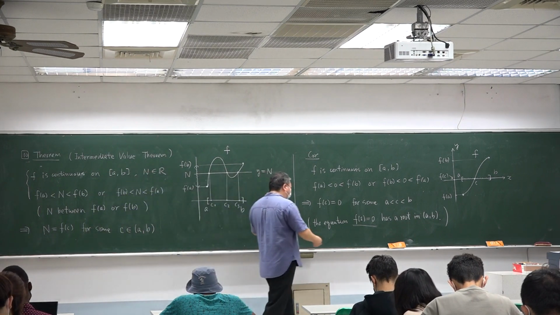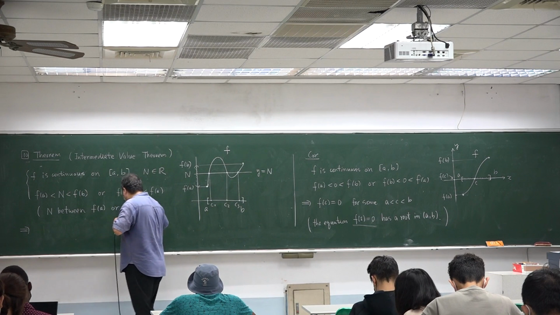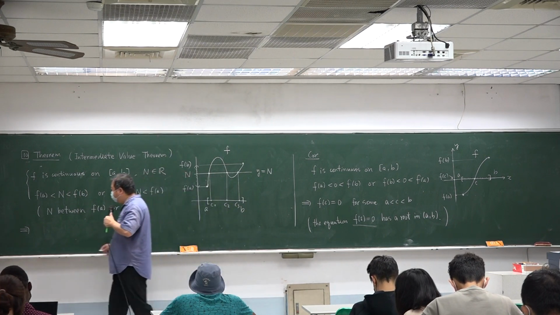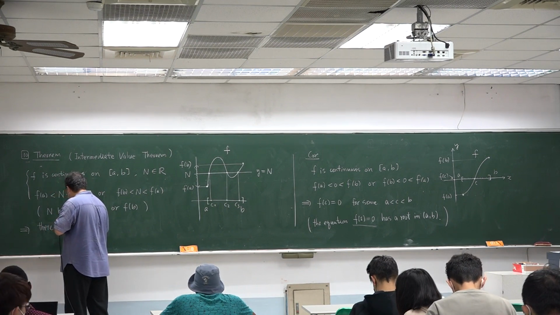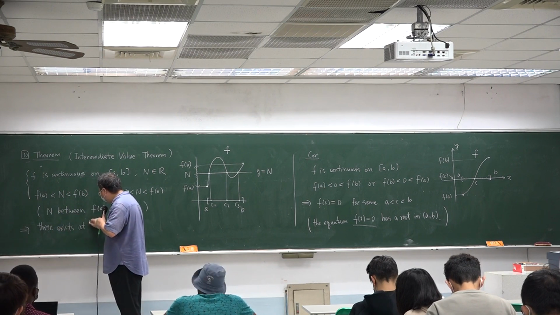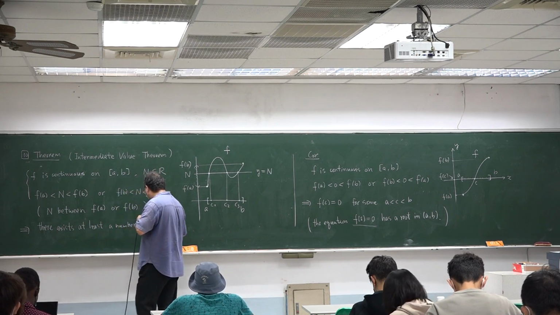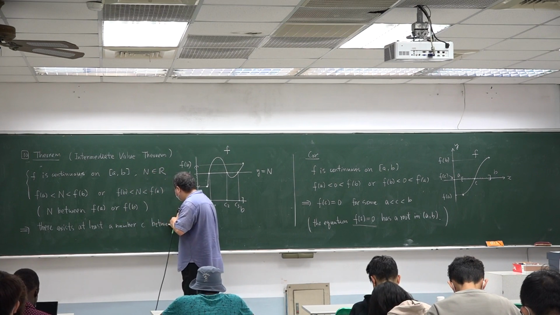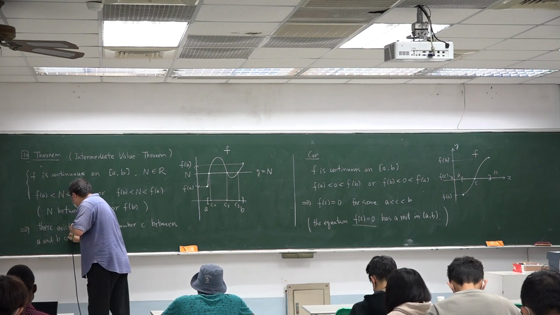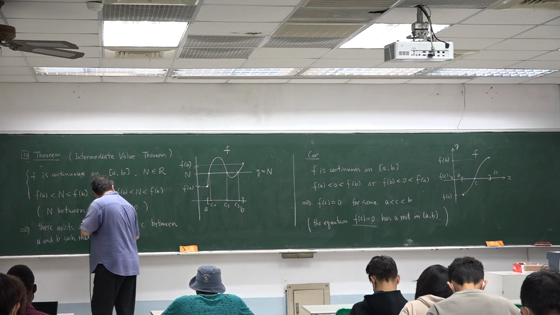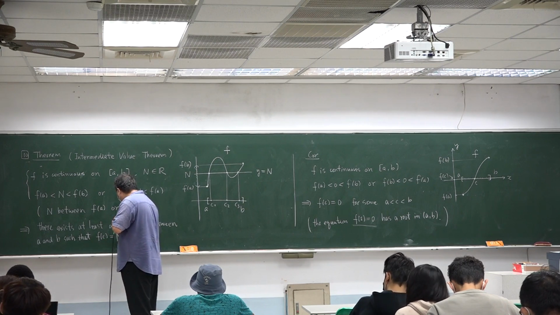Or, of course, you can express this by: there is, or there exists, a number C, or at least a number C, which is between A and B, such that the value of f at number C equals n.